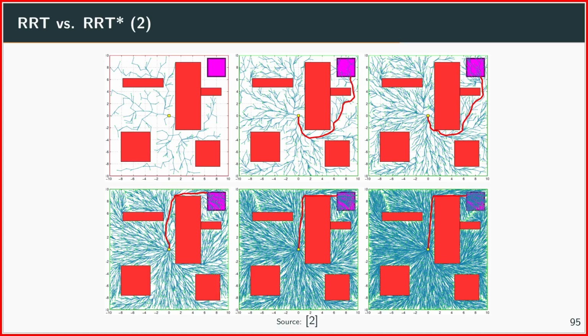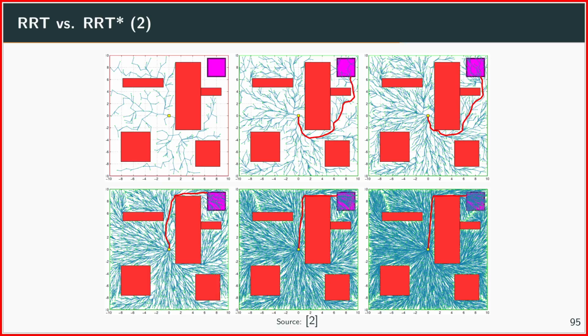And with RRT star, we see again local improvements, but the more the tree grows, at some point you see this big jump between one of the local solutions to another local solution, the one which goes above here, because it has a lower cost.